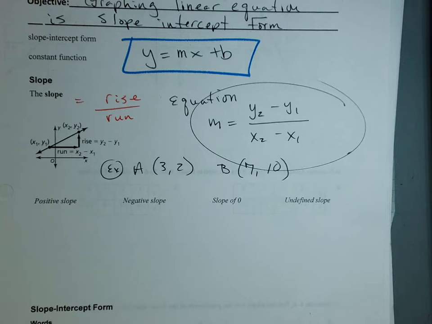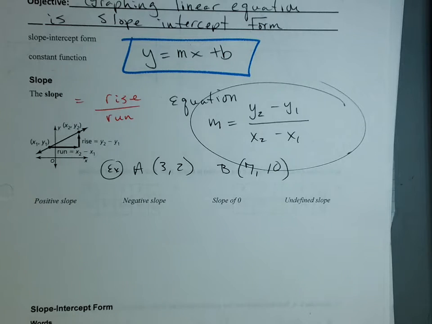I just want to show that to you because we will do this next week. So when you see this formula, they're talking about the 10 and the 2, and the 7 and the 3. Thumbs up? Okay, we'll talk about this more next week.